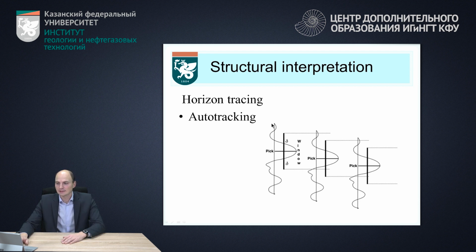In this case, seismic traces are simply presented as on the slides, and the computer is looking, for example, at that peak, and comparing the peak on this seismic trace with the peak of the nearest seismic trace. And if they are similar, auto tracking is simply connecting these two points to trace the horizon.